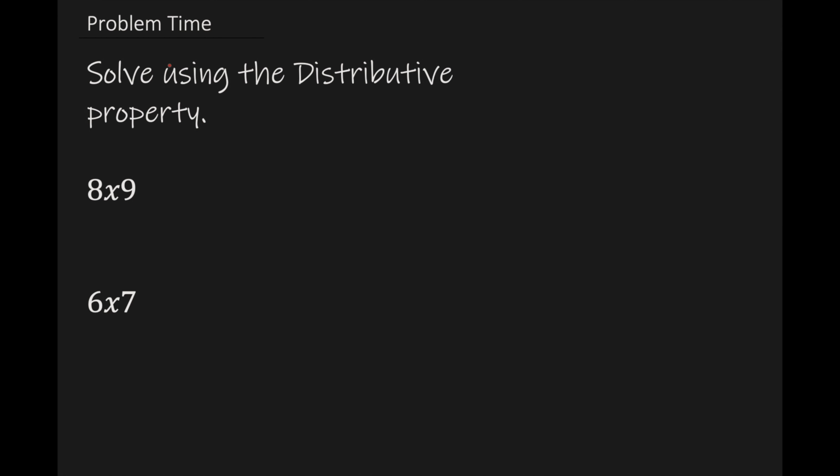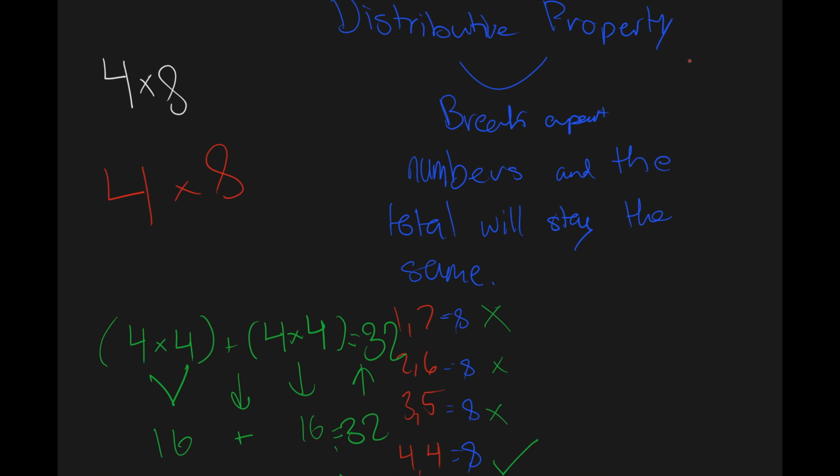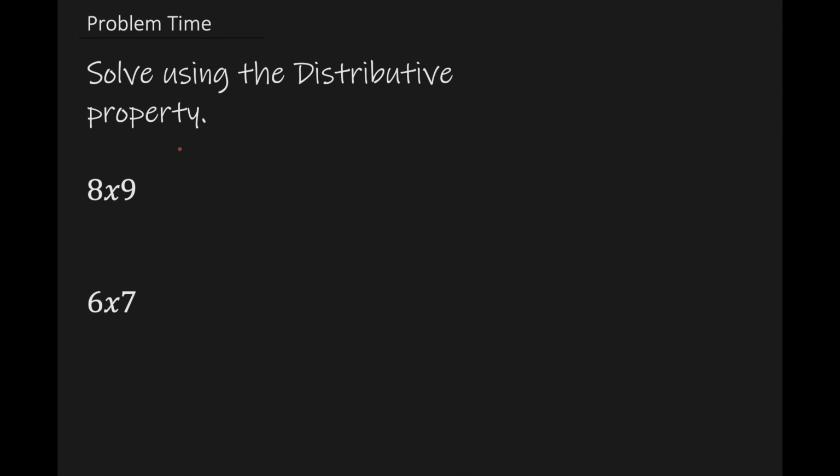Okay, so our problem time. Solve using the distributive property, which is what we talked about up top here, right? So solve using the distributive property. 8 times 9, 6 times 7. Break apart the factors. You only have to break apart one.